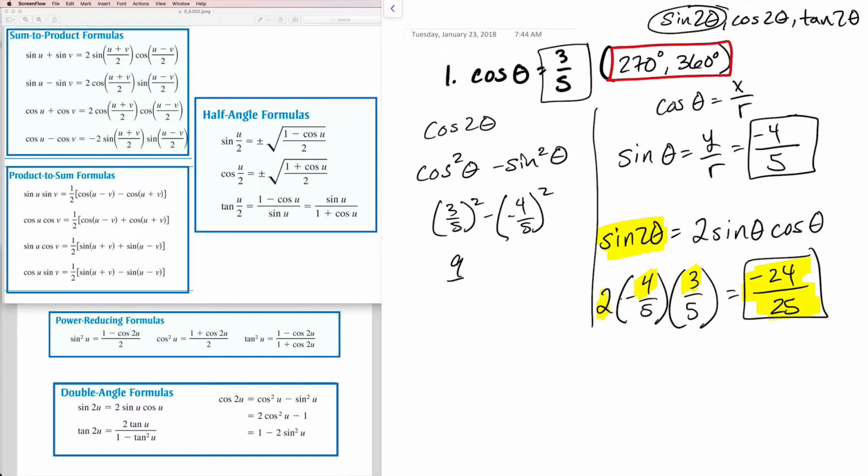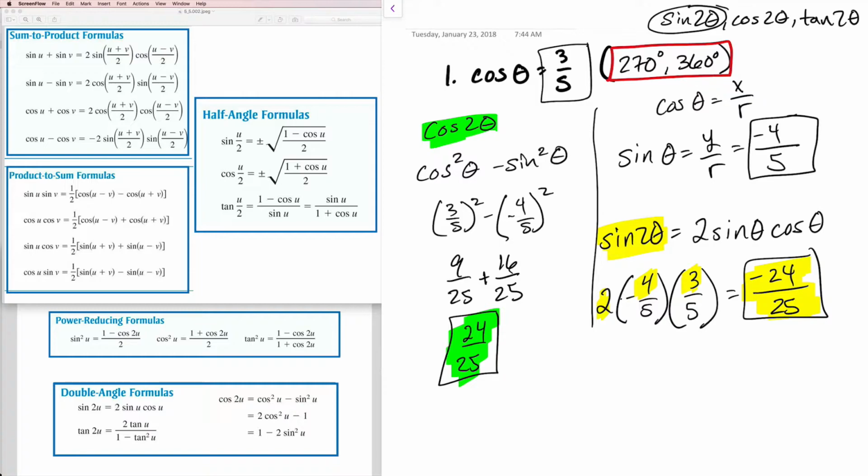So that's going to be 9 over 25, and that's a minus, so that's plus 16 over 25, and that is going to give me 24 over 25. And that's the value for cosine 2 theta. And I could do any one of those three formulas and still get the same thing. So either way I would have gone there, I would have been fine.